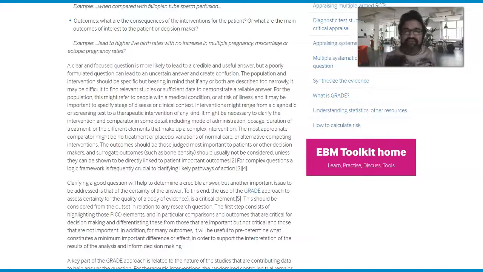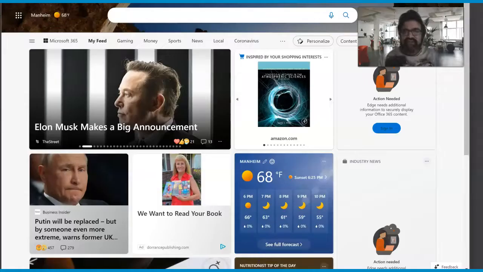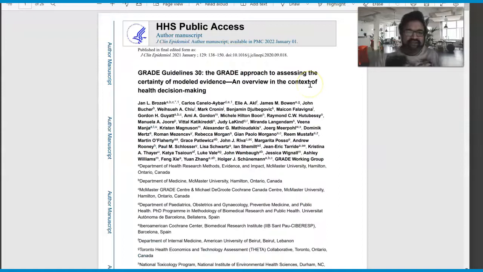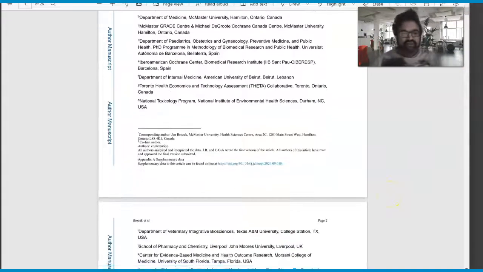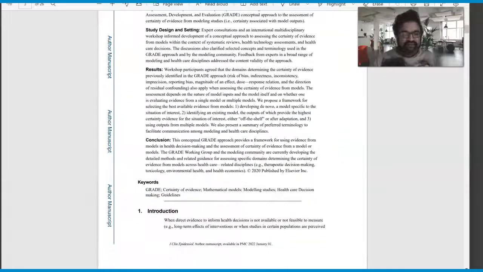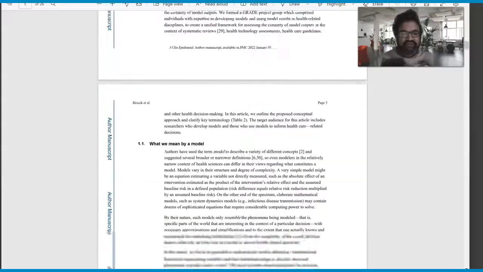So I wanted to switch over to the GRADE criteria, and this is an NIH paper. It actually goes through the GRADE approach, and this was one of the papers that applied the GRADE approach.